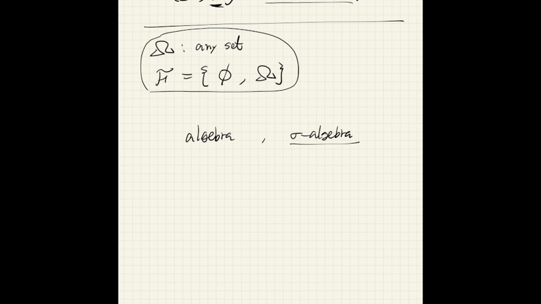If F is a sigma algebra, then it is also an algebra, but not vice versa. Not all algebras are sigma algebras, so the converse does not hold. So be careful.